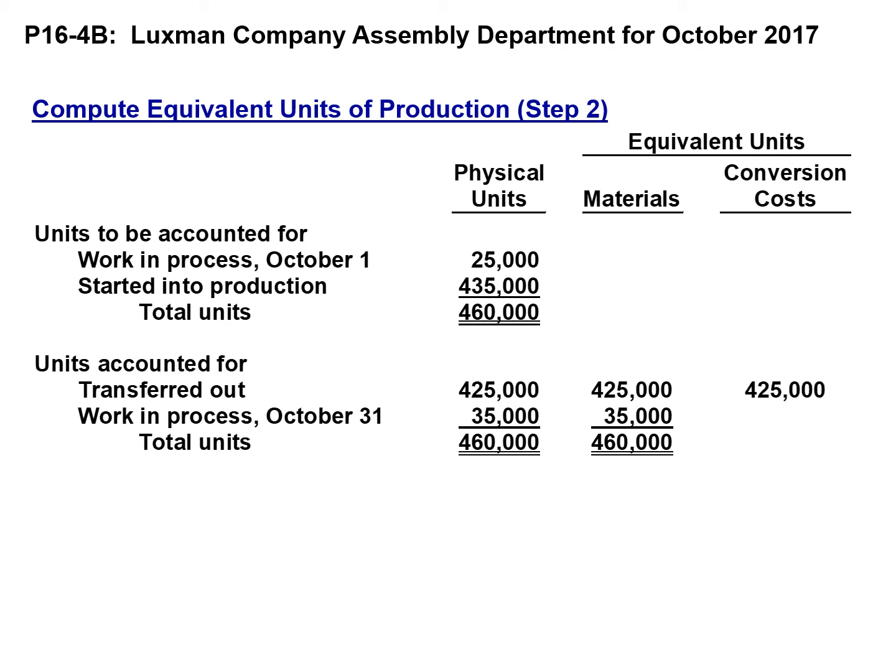We're going to add 425,000 to our conversion cost, but we're only going to add 14,000 to our work in process ending inventory because those 35,000 units were only 40% complete. So our equivalent units for our conversion cost are 439,000.